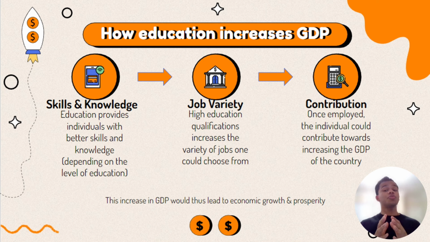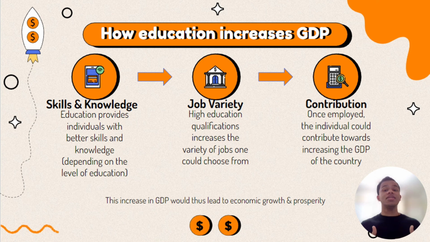Finally, let us put it all together now and see how education contributes towards economic growth. As mentioned earlier, human capital investments by the government would increase the level of knowledge and skill possessed by citizens in a country. Therefore, when individuals are more qualified and more productive and efficient, their ability to choose from a variety of jobs now increases, assuming ceteris paribus.